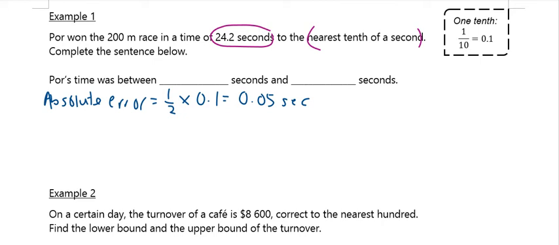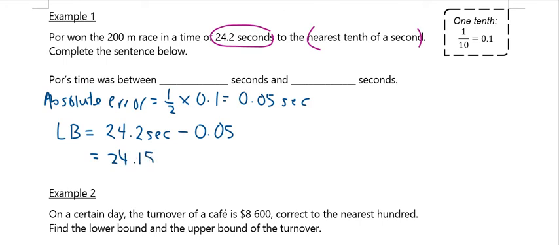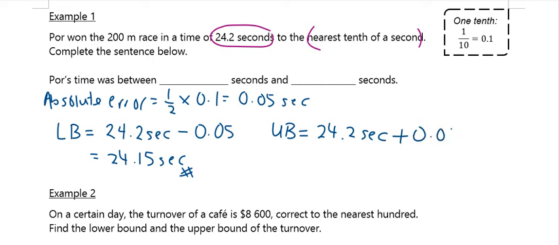Now with this, we can count the lower bound, let's simplify this into LB. Your lower bound will be your measurement just now, which is 24.2 second. When you talk about lower bound, you have to subtract the absolute error. So your lower bound will be 24.15 second. And for your upper bound, with your measurement, you have to add the absolute error.